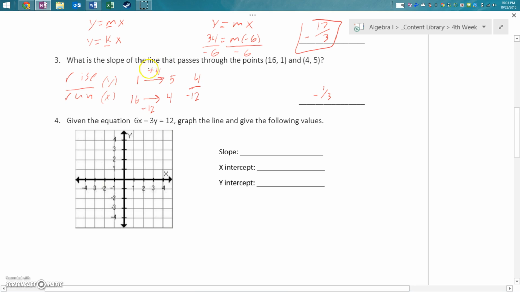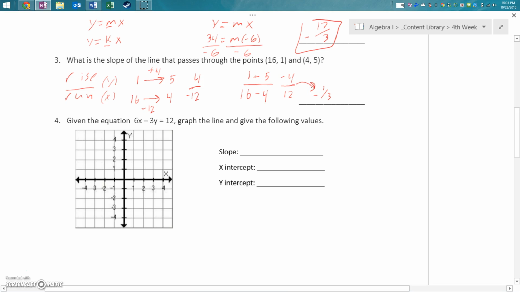Now, if you don't like guessing the numbers here, take these first 2 numbers, subtract the second 2 numbers. So that would be a -4, and that would be a 12, and that would still reduce down to -1/3.